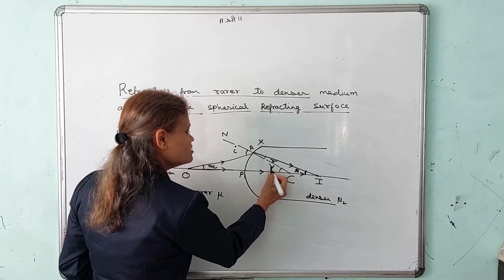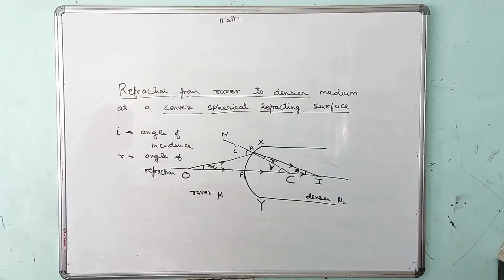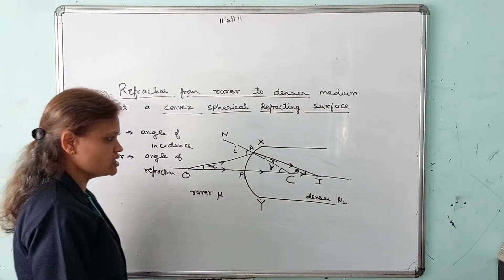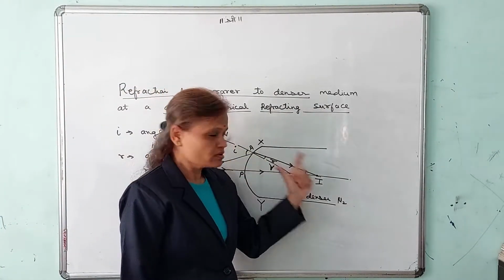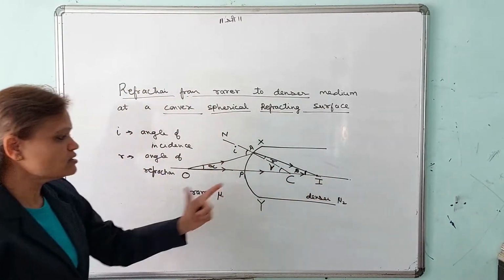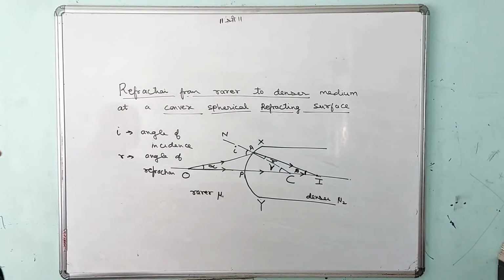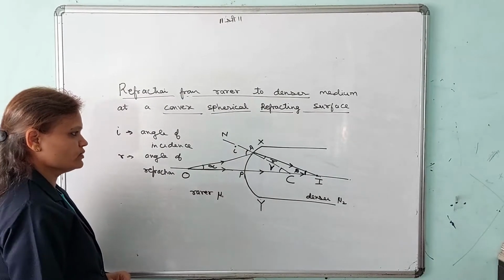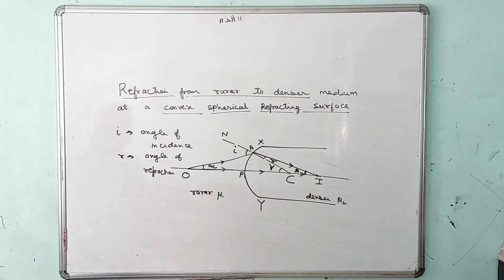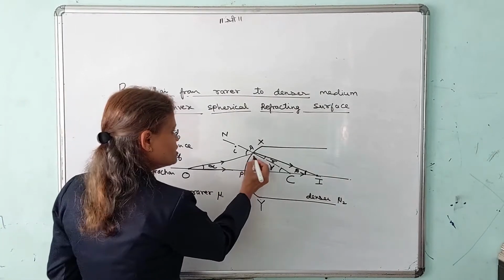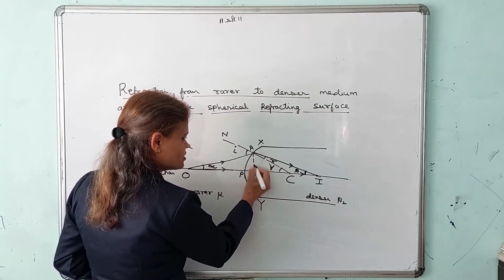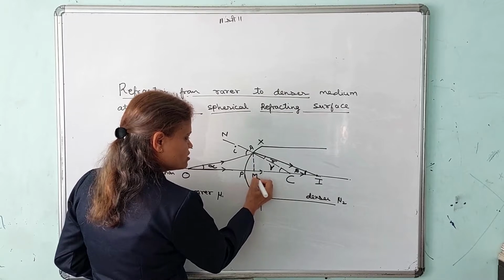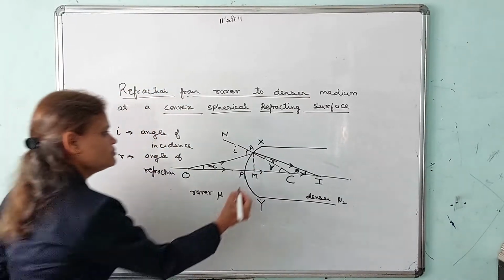So we have three angles, alpha, beta, gamma: the angles made by the incident ray, the refracted ray, and the normal with the principal axis. Once I show this, now we are going to drop a perpendicular from the point A to the principal axis. We will name this point as M.